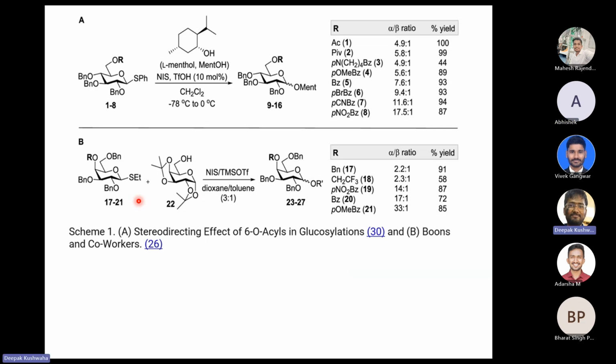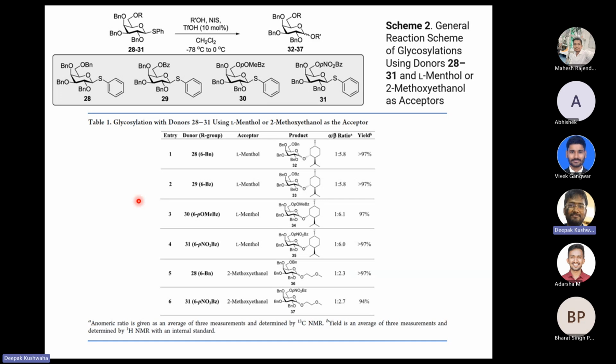Since they cannot comment on the others' results, they have tried to give all the possible control experiments from their lab, and it is following along with their studies. Similar studies they have done in different sugars, like glucose, and other reports are also there. They consistently get this kind of selectivity when they put in electron-deficient groups.